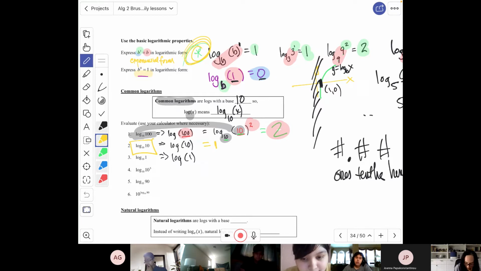It would just be one, yeah, because the exponent here is 1. What about the next one? 0. Yes, because the input is 1. What would the next one simplify to? 5. Now, the next one you can't do without a calculator.